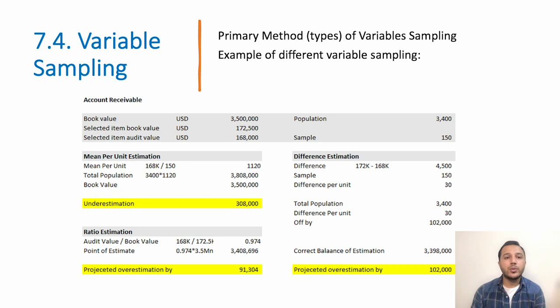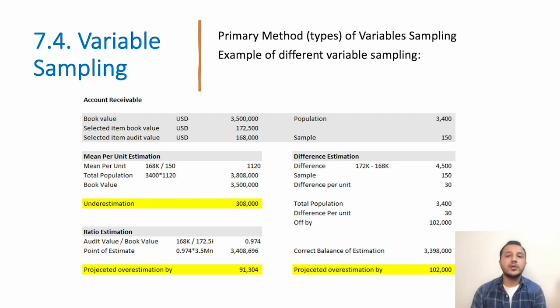Based on our audit value, it is lower than what the company has recorded. The total population was 3,400 customers, however we sampled only 150 customer balances. So now we will apply this scenario through all three methods.